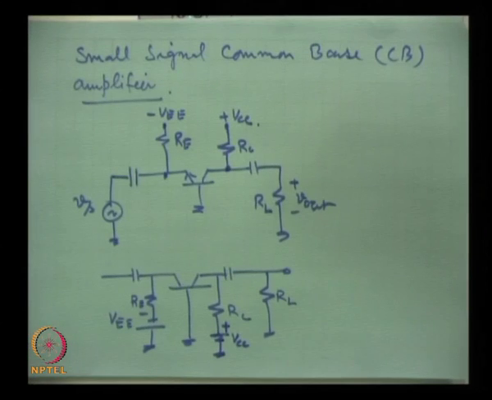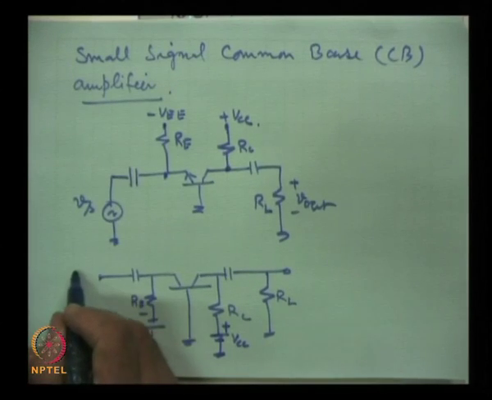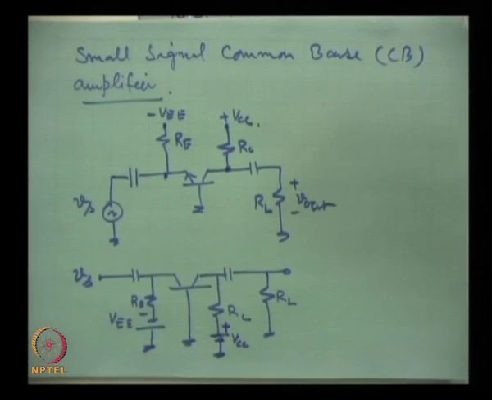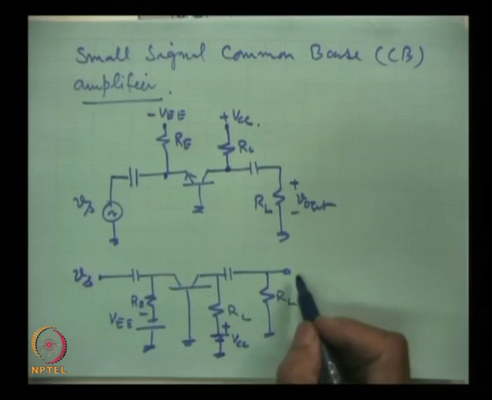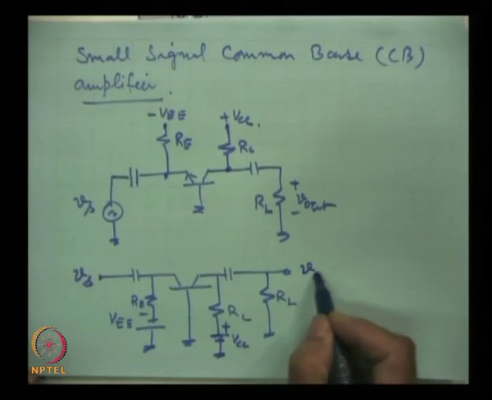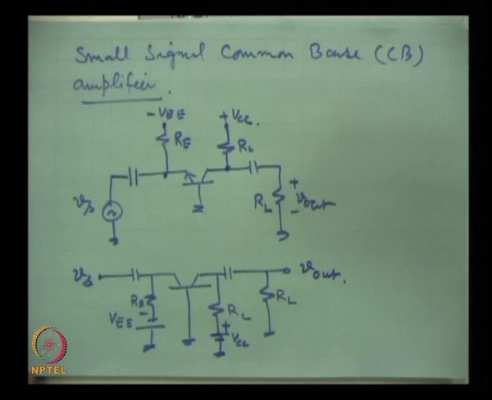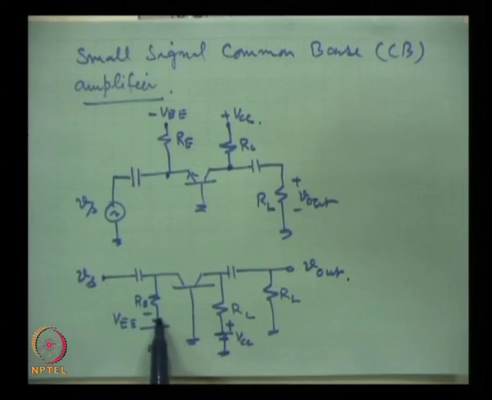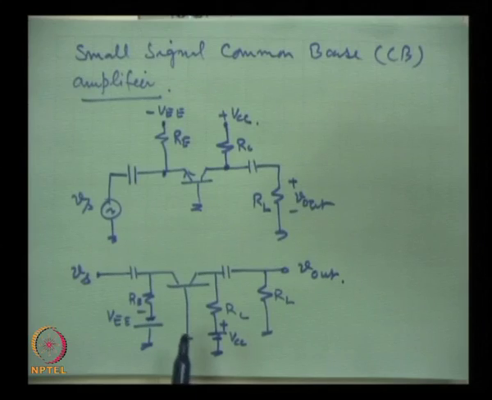This is the circuit. Here we connect the input signal to be amplified and we take output from here with respect to ground. Now, here notice one point, that in the earlier two circuits we could forward bias and reverse bias the junctions by using a single battery.